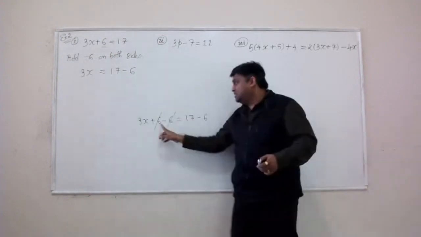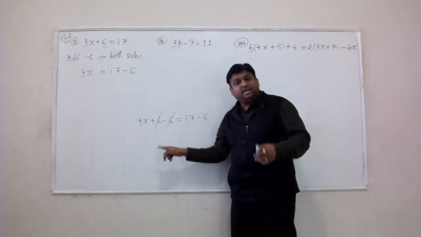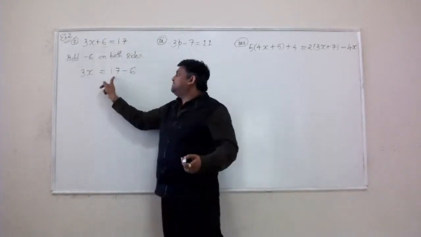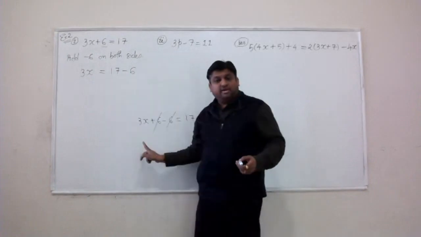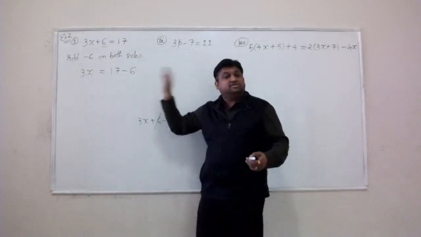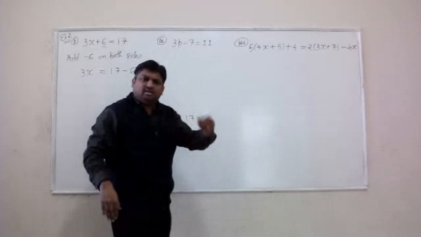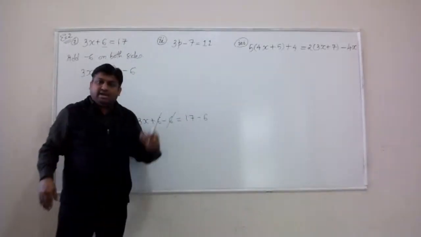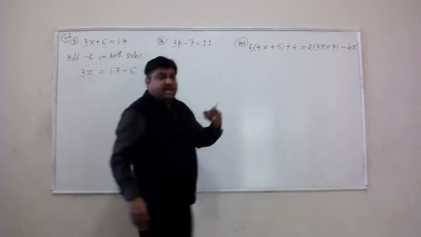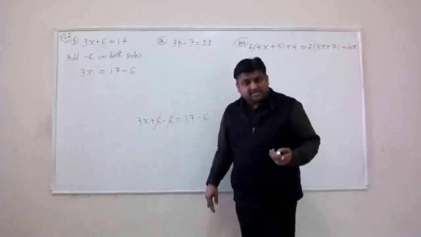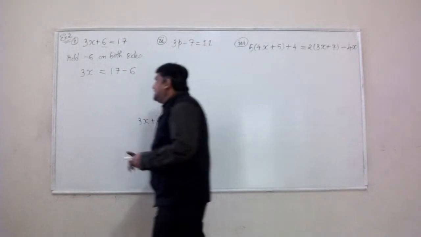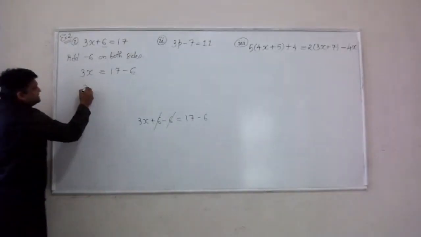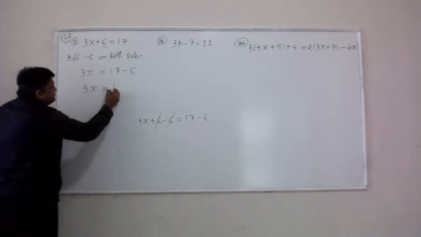You don't have to do this. It's perfectly fine if you just write 3x equal to 17 minus 6. No need to write plus 6 minus 6 on the left side. Make a habit of this, and it will save a lot of your time and potentially eliminate some sign errors or computational errors as well. We know 17 minus 6 is going to be 11.